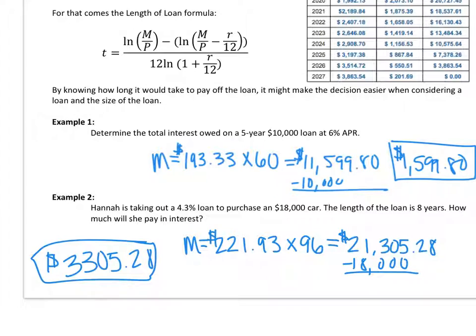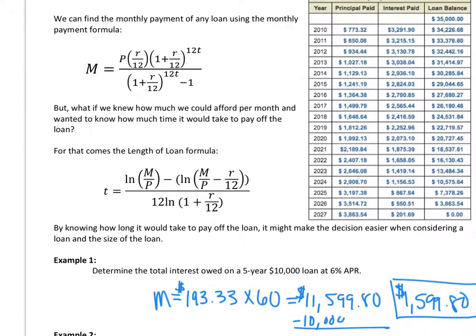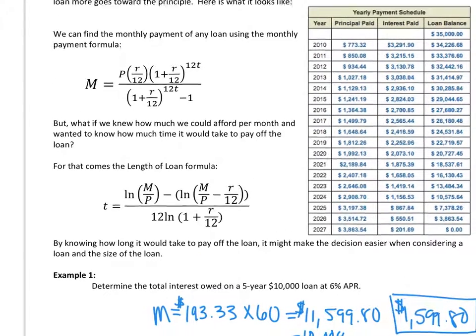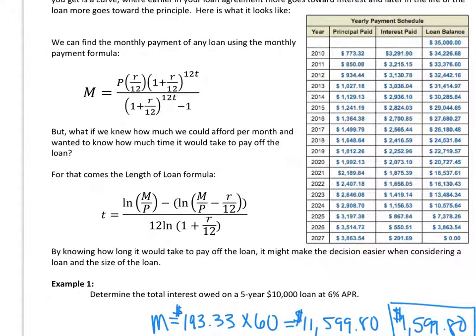Now, the other examples deal with the formula that is up here. This formula is used when you already know how much you want to spend per month.